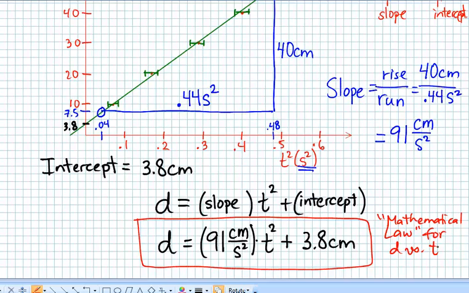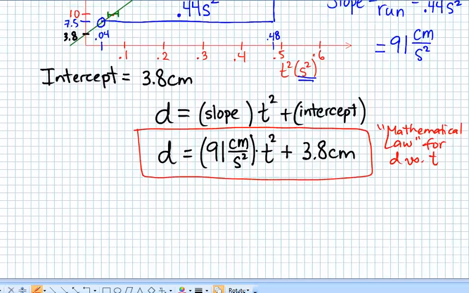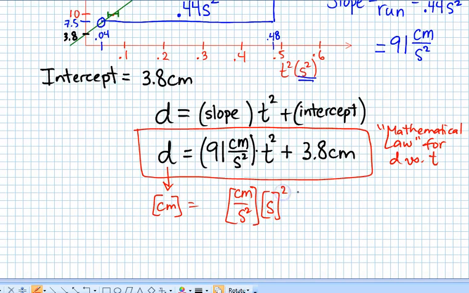Okay, now let's do a quick dimensional analysis. Is this a possibly correct equation? So distance, we're going to go with centimeters. We're given that we already have centimeters per second squared. Time is going to be in seconds, and we can square that because we have to. And then we have centimeters.